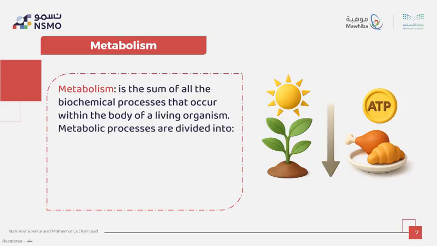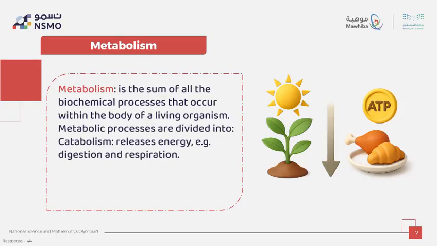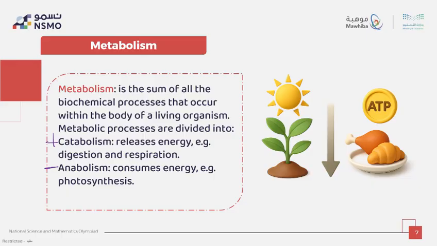And metabolism is divided into two major processes. Catabolism, always catabolism releases energy, so here we release energy, like digestion and respiration. On the other hand, anabolism always consumes energy, like photosynthesis.